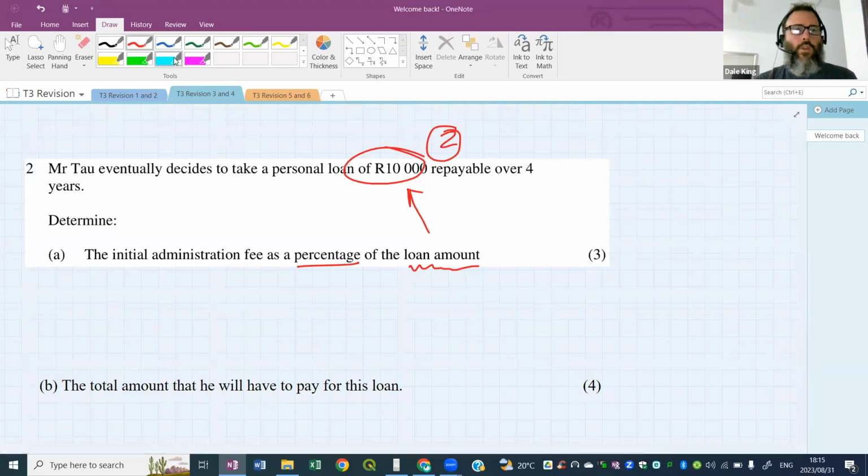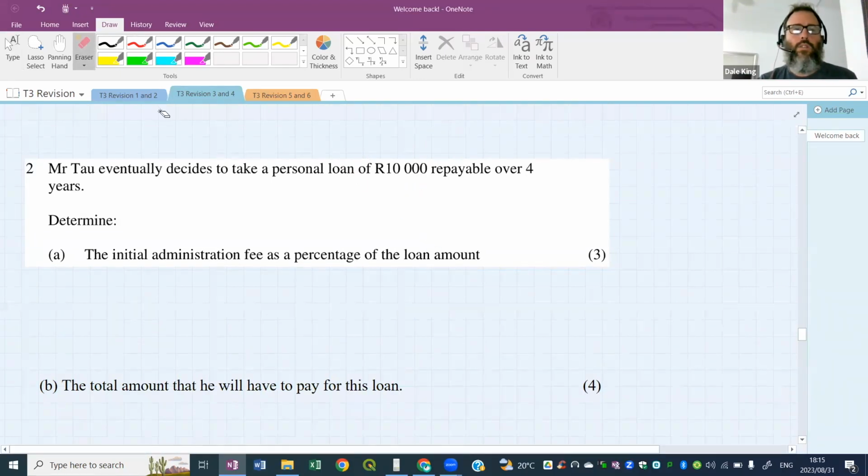So we got 2 values that we need in every percentage calculation. All right. A percentage calculation needs a fraction with a value on the top and the value at the bottom, and then we're going to times it by 100 to get a percentage. All right. Now, read the question. What is the initial admin fee as a percentage of the loan?